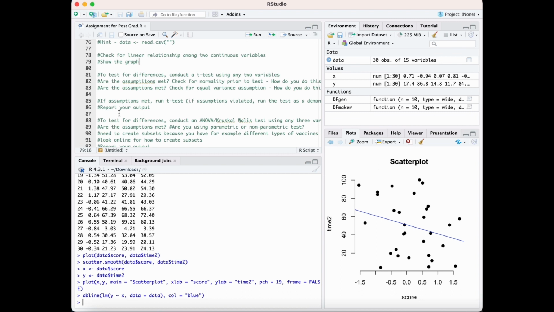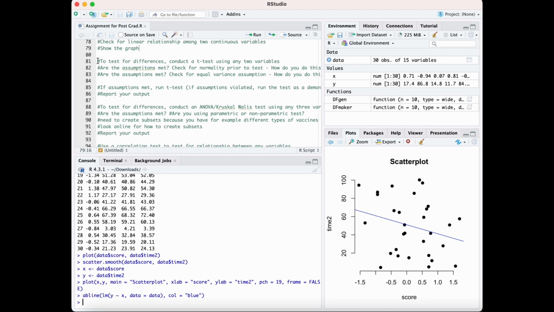So from here, let's run the t-test. For a t-test, there are a few assumptions that need to be met, particularly for different types of t-tests. So first of all, let's check for the normality.